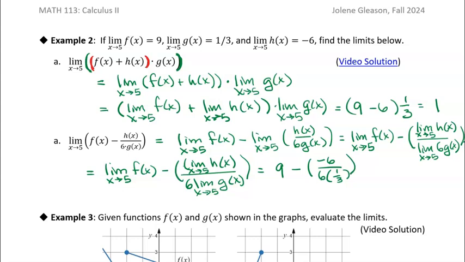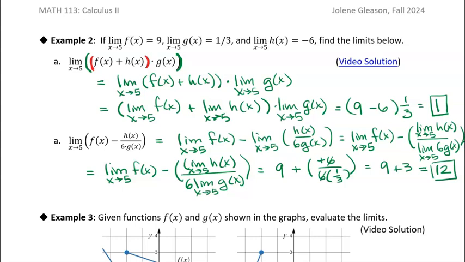Now it's just a matter of simplifying that. We get 9. Now I'm just going to move the minus inside and make this a plus. Then I can cancel the 6, right? And 1 over a third is 3. So I end up with 9 plus 3, which is equal, I meant to write an equal sign, 12. So that's our final answer. I'll put a box around it since there's so much to look at here. Final answer here is 12.